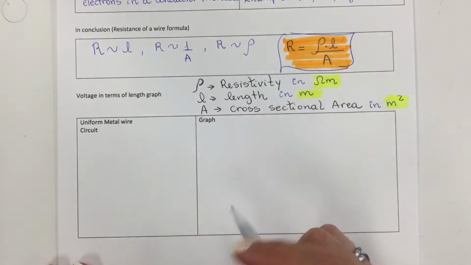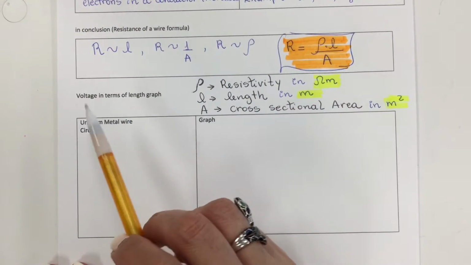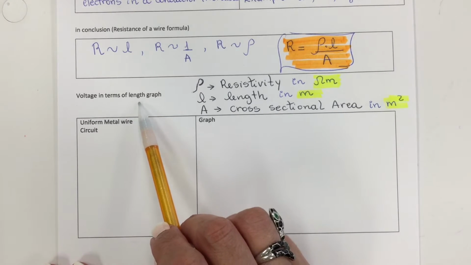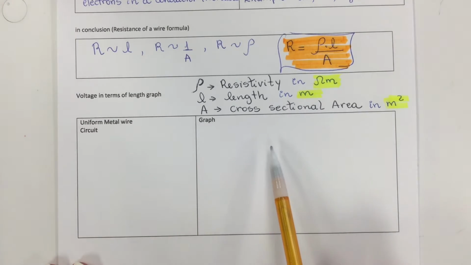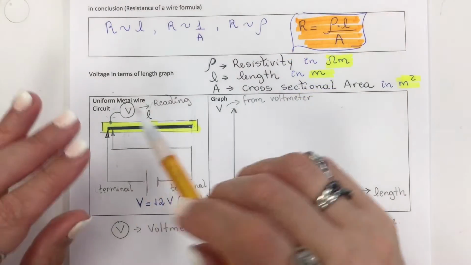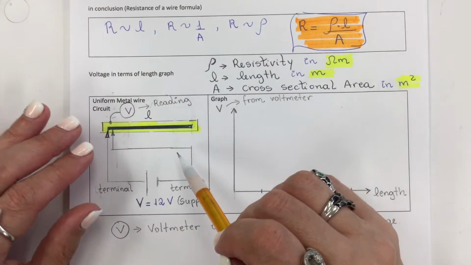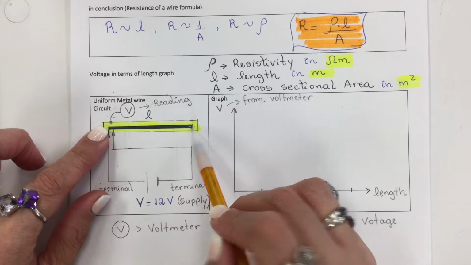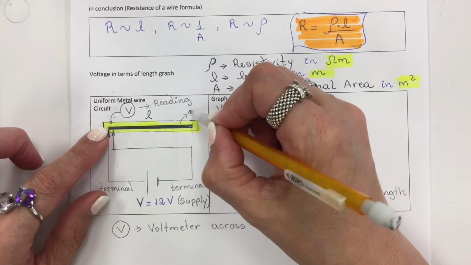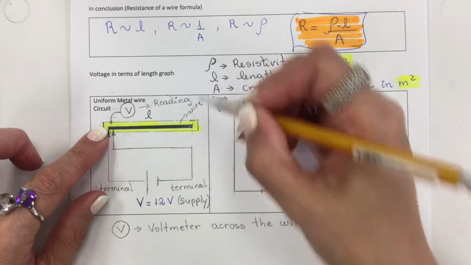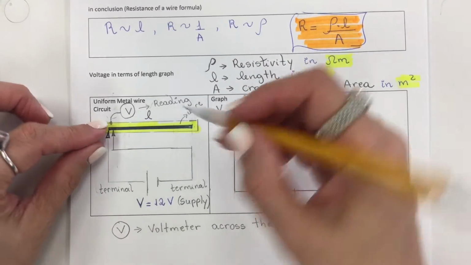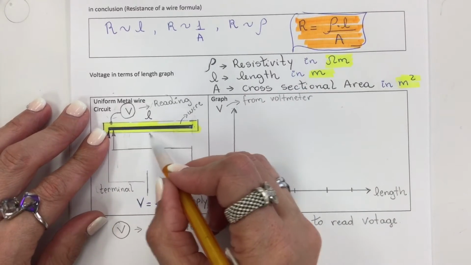In this section, I'm going to sketch a graph of voltage in terms of length of a wire. Here is the explanation about this diagram. This thick line here represents the wire, any wire. I'm going to place this wire over a ruler so I can control the length.